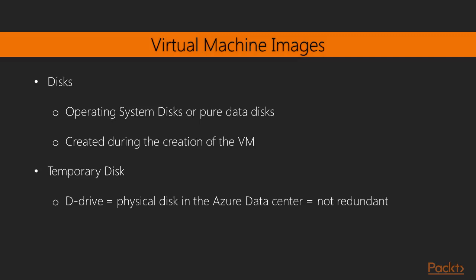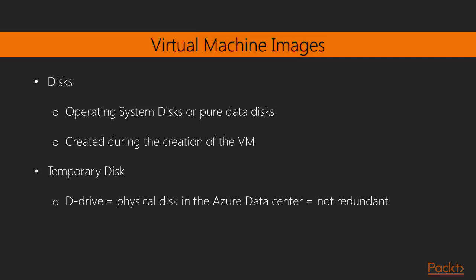Whenever you create a VM, it will always receive a D drive, which in Azure terms is a temporary disk. Compared to the virtual disk, this one is a physical disk in the Azure storage environment in the data center, natively mapping to data center storage components, which means it's not redundant when your virtual machine fails over to another physical rack.